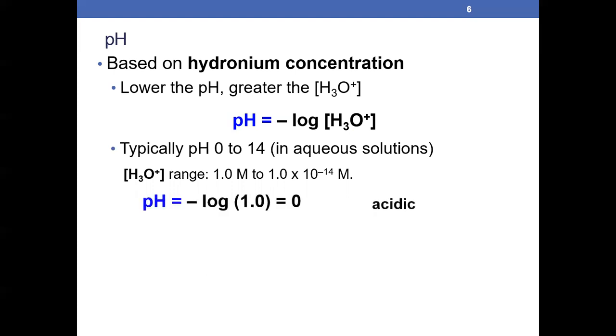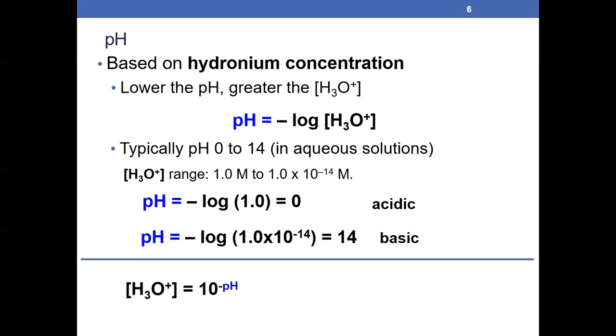If I have 1 molar H3O plus, I plug that into my pH equation, take the negative log of 1, and that is 0 in terms of its pH, and that's very acidic. If I have an H3O plus concentration of 1 times 10 to the minus 14, I take the negative log of that number, that's going to be 14, the basic end of my solution.